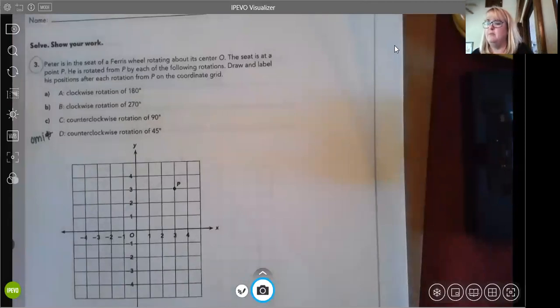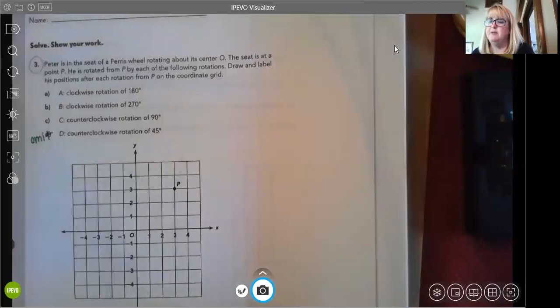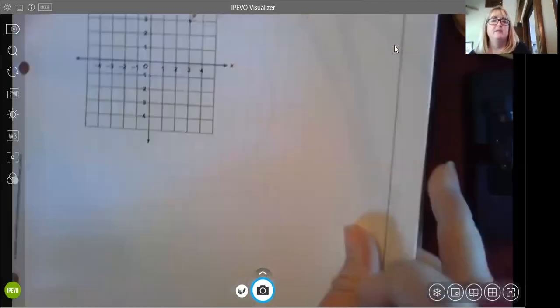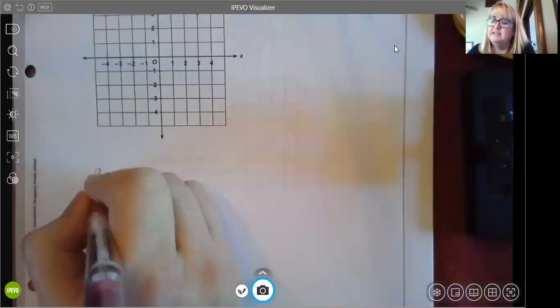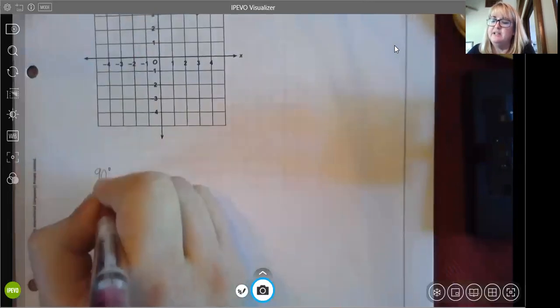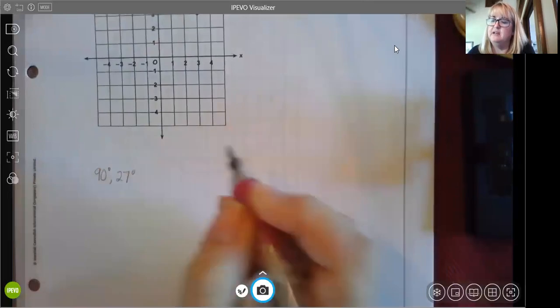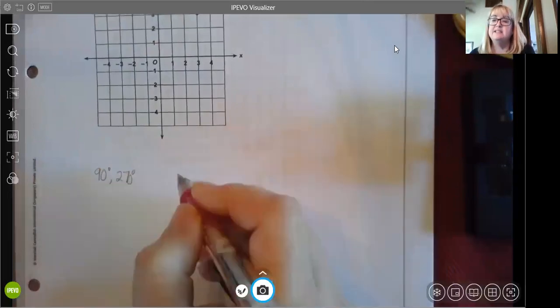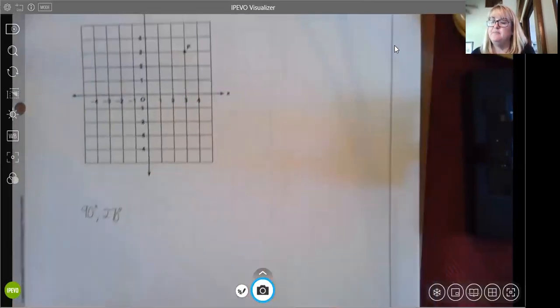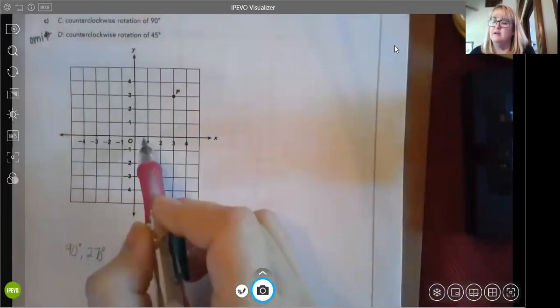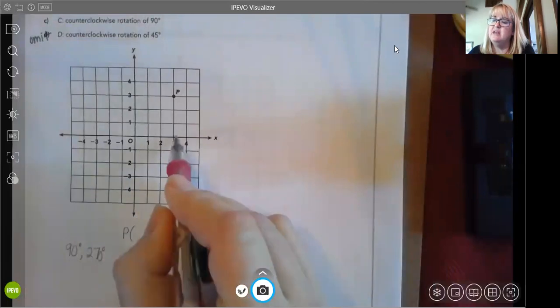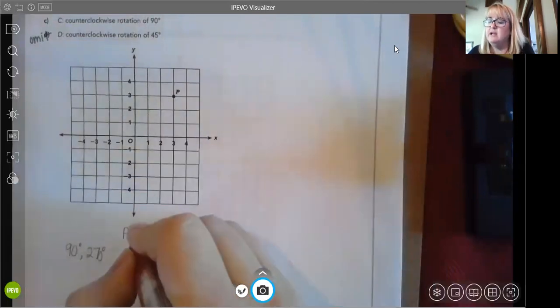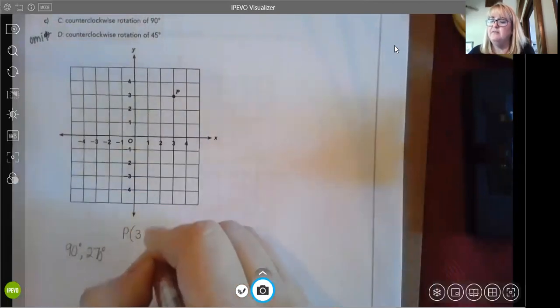Okay, I want to talk about the rule of thumb. Do you remember the rule of thumb? The rule of thumb, 90 degrees or 270 degrees? 270 degrees. The X and Y are going to flip spots. So P is 3 and 3. And again, we're not worrying about positive or negative.